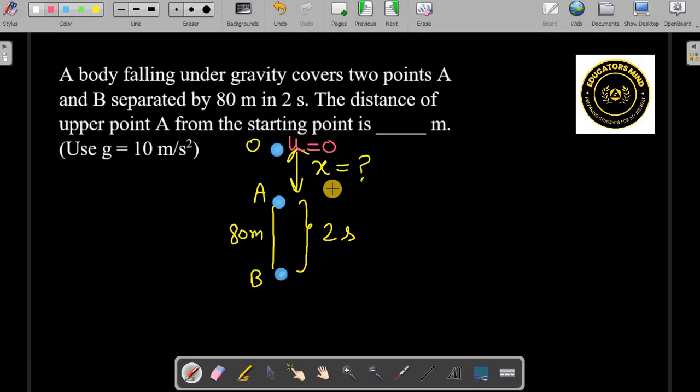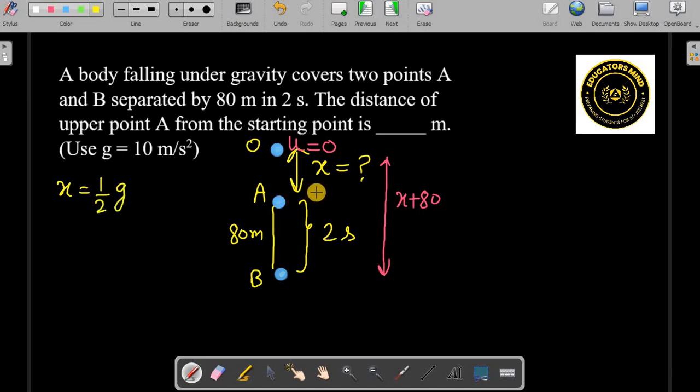x is equal to ut plus half at square. If you use initial velocity 0, it is half t square. Suppose I use this distance from the very beginning: this distance is x, so the full distance will be x plus 80. If I use x is ut plus half at square, u is 0 from the beginning, so x is equal to just half g t square.